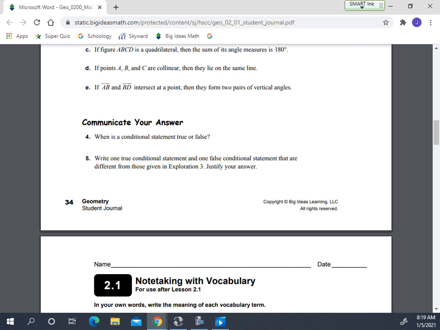When a conditional statement is true or false, we want to communicate our answer. So, when is a conditional statement true or false? Sorry, I read that wrong at first. A conditional statement is only false when a true hypothesis produces a false conclusion.